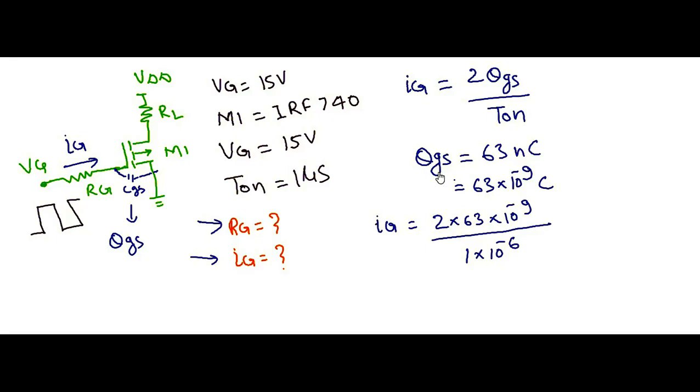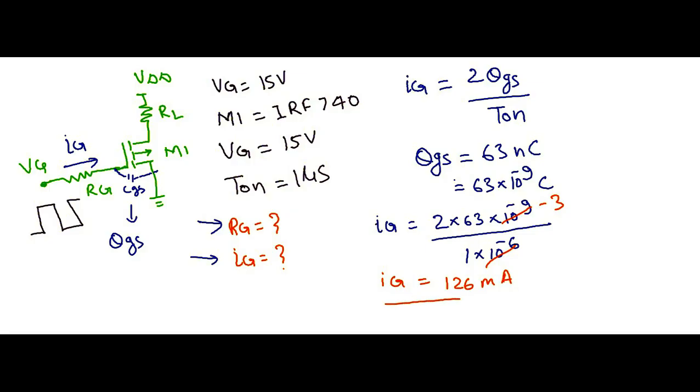Okay, and you can calculate this value. How you are going to calculate it is like this. 10 to the power minus 9 and minus 6, so it is going to be 10 to the power minus 3, and 2 times 63, so IG equals 126, and this is in milliampere.